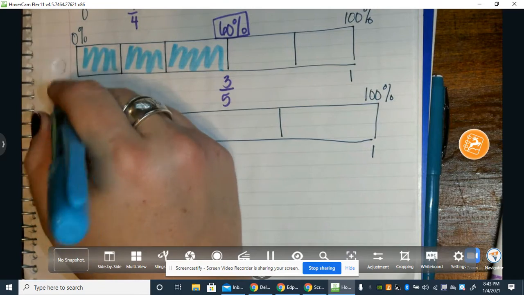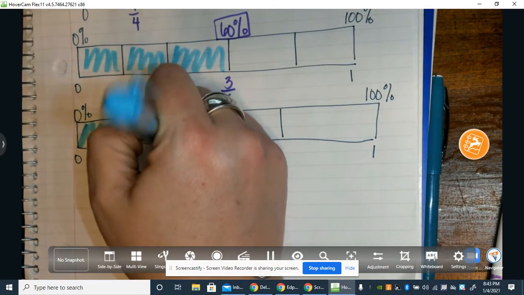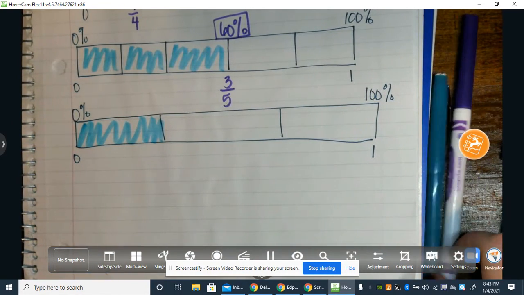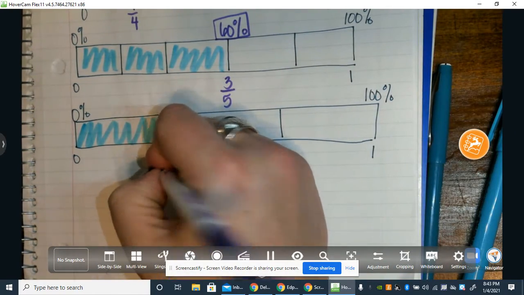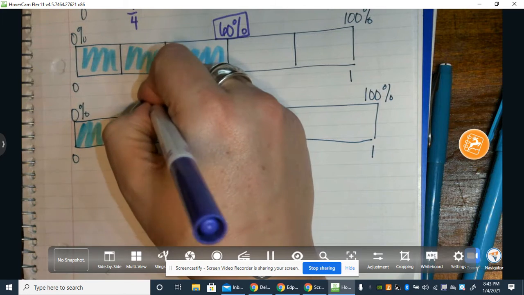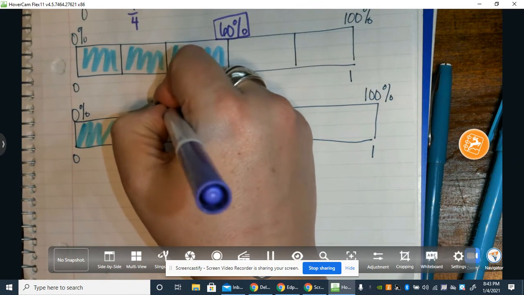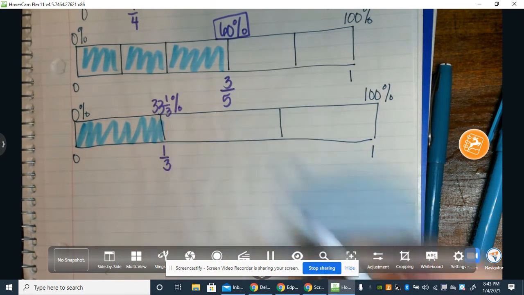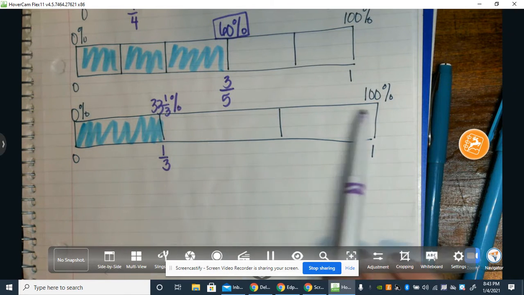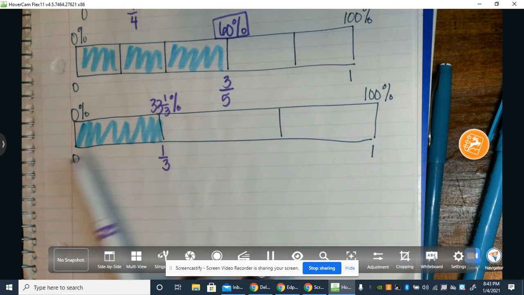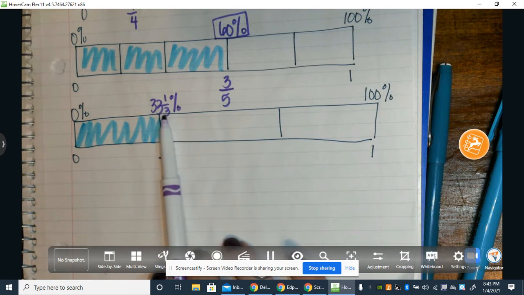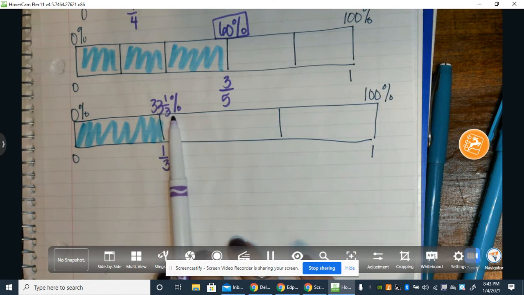And I'm going to shade in 1. So this would be 1/3, which would be 33 and 1/3%. Okay, guys, 100 you cannot break into 3 groups evenly. So that's why you have that 1/3 as a fraction there.